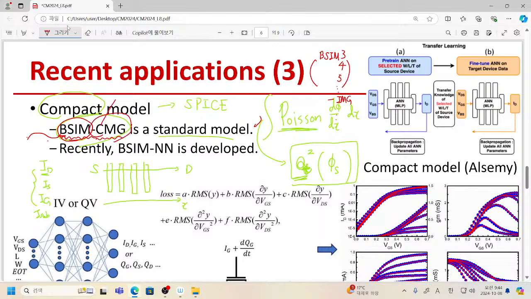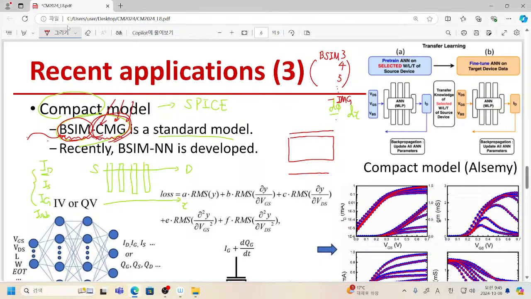What is BSIM-CMG? CMG means common gate. So gates of our transistors are all common. Why do we have this kind of description? When the multi-gate MOSFET was first introduced, it had such a structure.